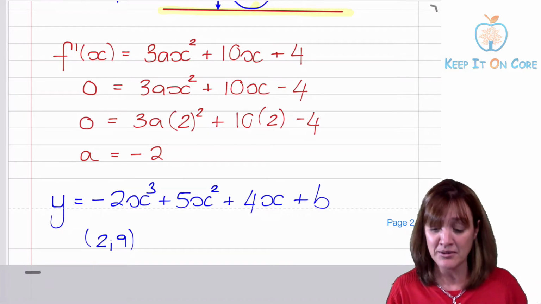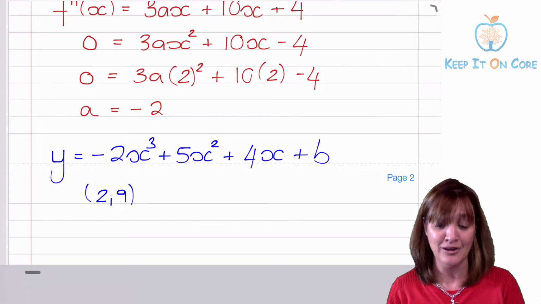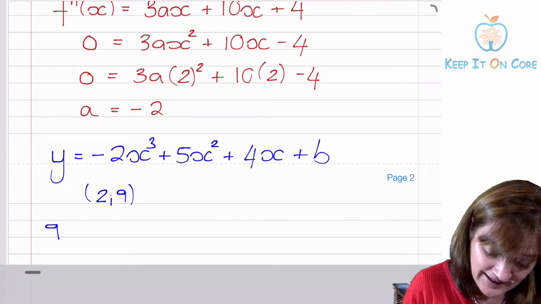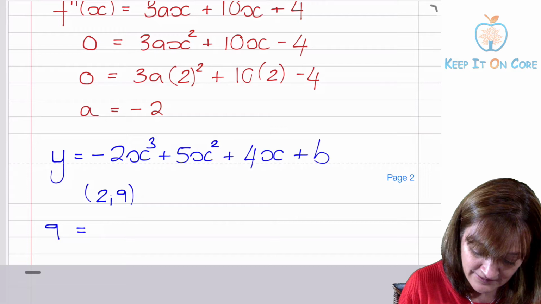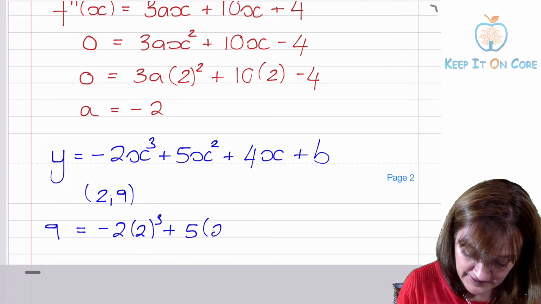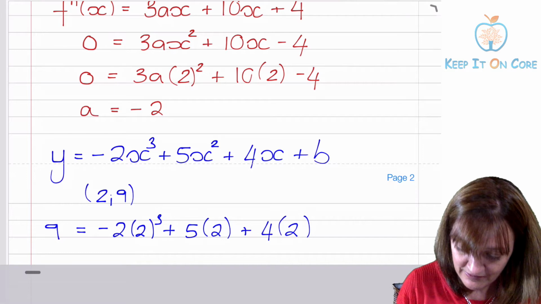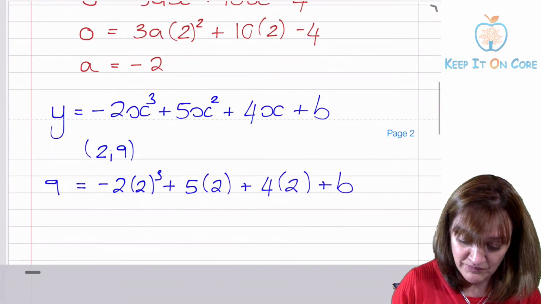And if it's just a point on the graph, I'm quite simply going to substitute it into the equation. So instead of y, we've got 9, and instead of x, we've got 2. And as you can see, that is going to leave us with b to solve for.